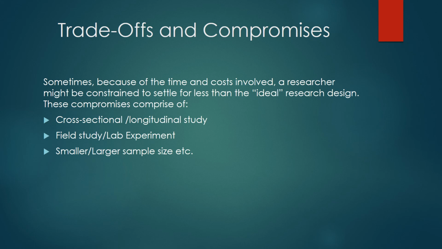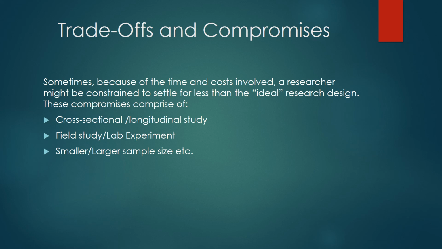Now we have a look at the trade offs and the compromises that we have to face in research design. Sometimes, because of the time and costs involved, a researcher might be constrained to settle for less than the ideal research design. These compromises comprise of cross-sectional or longitudinal study, field study or lab experiment, smaller or larger sample size.